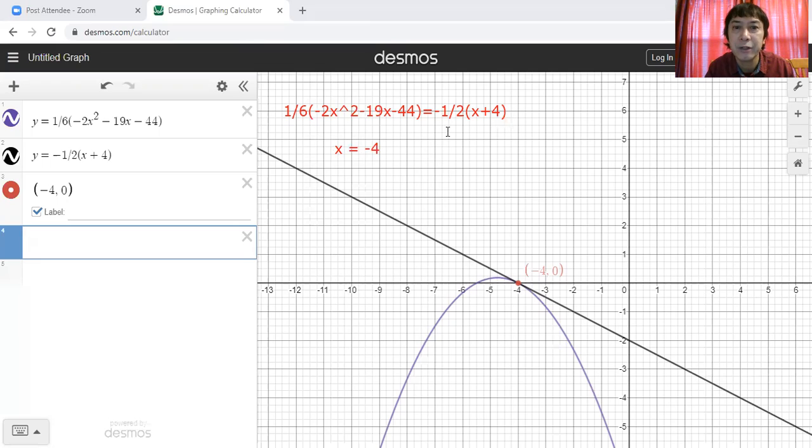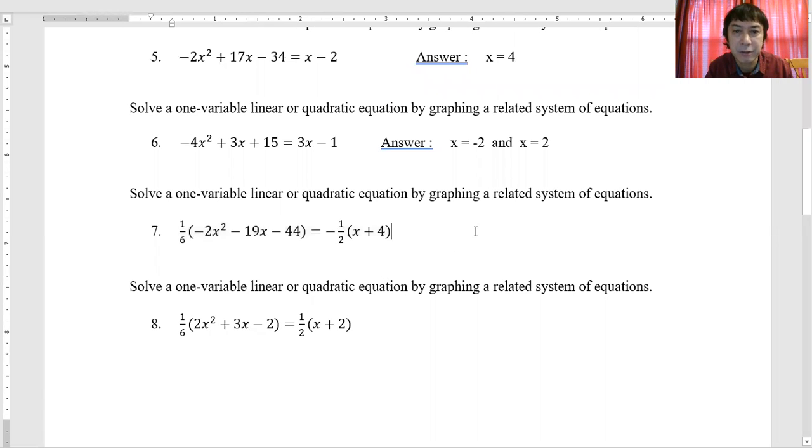We shall return to the other screen. And the answer is x equals -4. There. All right, so number 8 now.